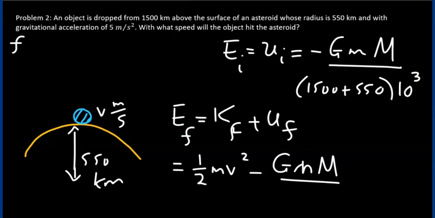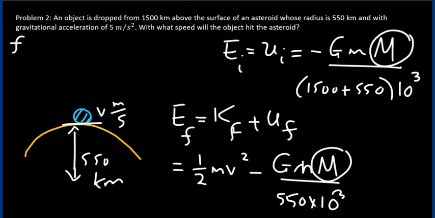Now the distance is only 550 kilometers, and you can convert that into meters by multiplying it by 1000, because now the object is at the surface of the asteroid. Next, all we have to do is compute the mass of the asteroid, because we are not given that. So we have to know what this capital M is.